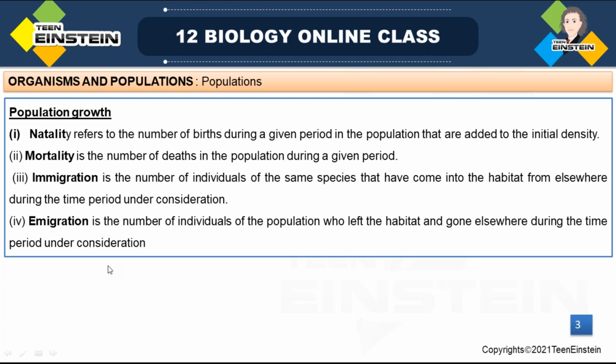That means the total number of individuals in the population is getting reduced. So mortality and emigration both are not supporting the growth of the population. Due to these two factors, population growth is not happening. The population size is getting decreased.